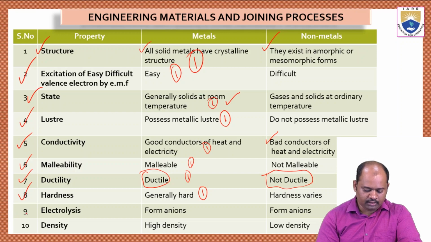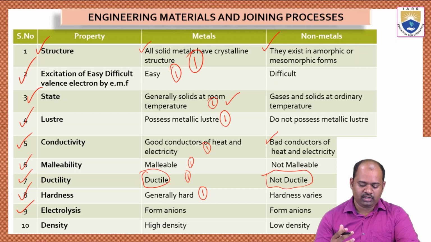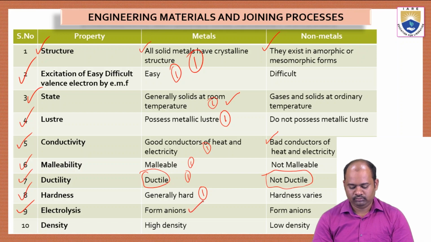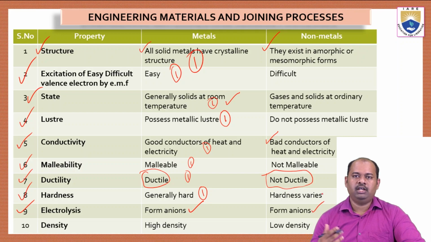And when we compare the property of electrolysis, what happens when electrolysis is done? In metals, the electrolysis is done from anions. In non-metals also it is done from anions only. That is, mostly the electrons will be emitted from anions.